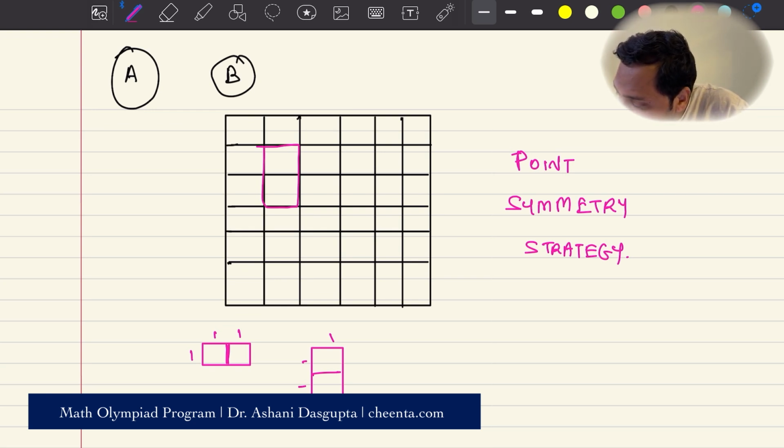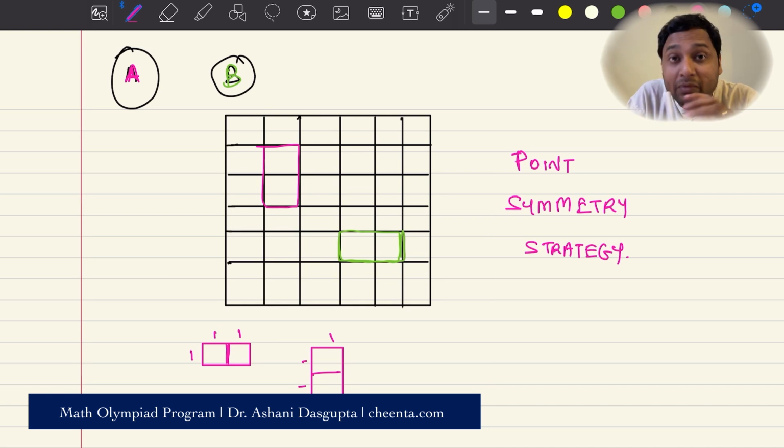Player B comes along and puts another domino. Suppose player B is the green player, and player A is the pink player. Player A puts a domino, player B puts a domino, and they keep on playing. Now the rule is that dominoes cannot overlap.